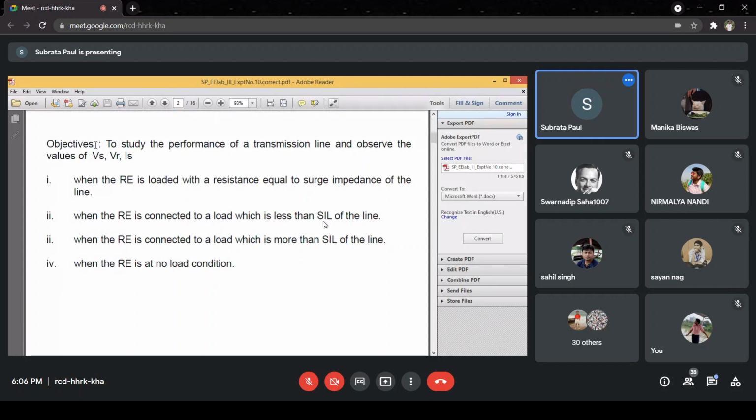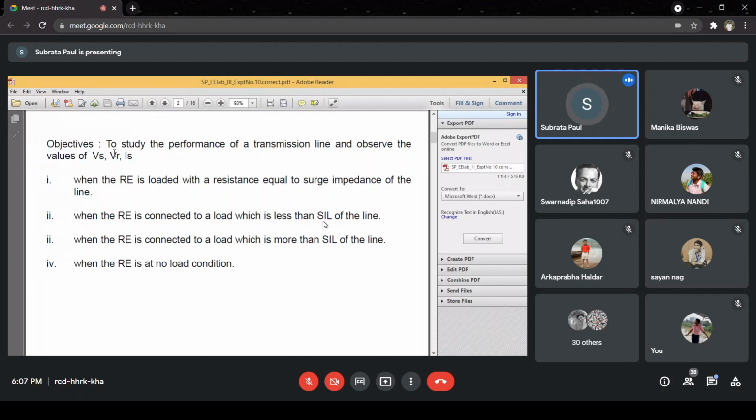Objectives, or purpose: to study the performance of a transmission line and observe the values of sending end voltage Vs, receiving end voltage Vr, and sending end current Is. You see, the receiving end current IR is not present here because IR is directly obtained from the loading of the line, the load connected at the receiving end.